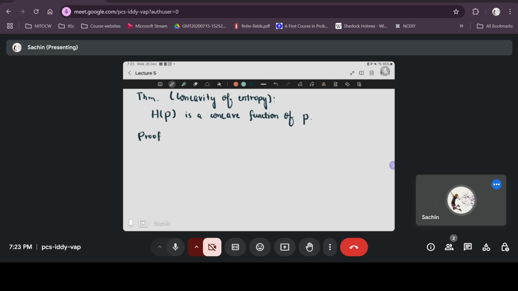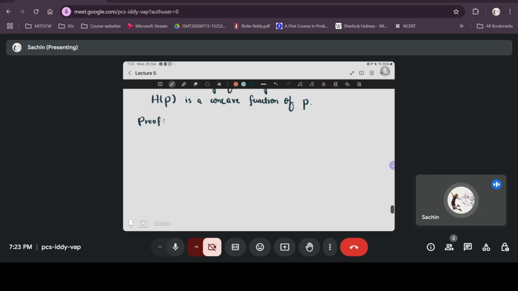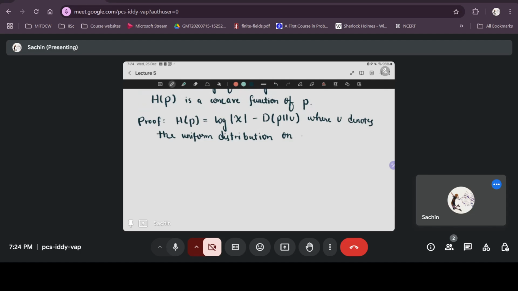There are two proofs. I'll give you the simpler proof. H of P is log mod script x minus d of P parallel U, where U denotes the uniform distribution on mod script x outcomes.